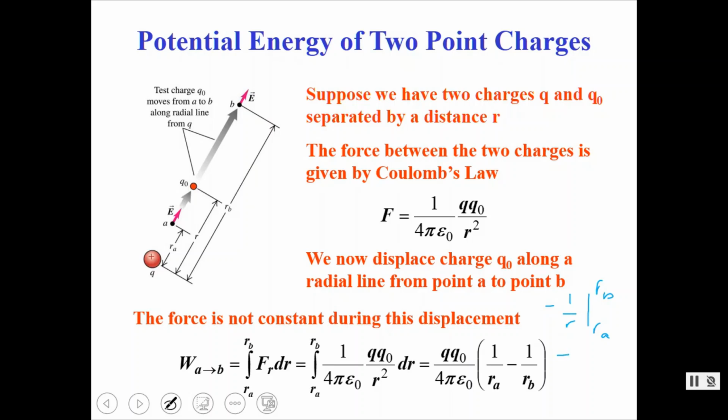So that's negative 1 over RB minus 1 over RA. You notice that this is 1 over RA minus 1 over RB, but that's just the same thing as what you would get here. It's just been rearranged so that the negative has been distributed and the order's been changed.